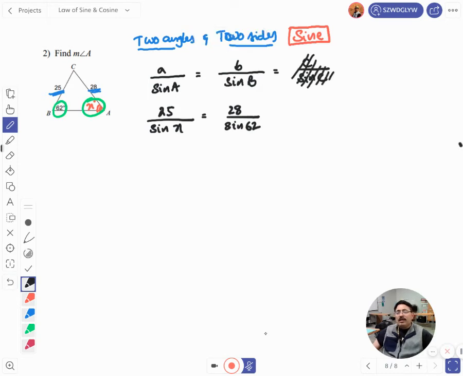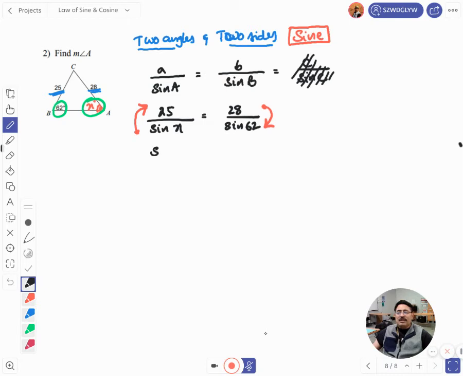Especially if you have to figure out a missing value in the denominator, trust me, it leads to confusion. In such a case, I recommend you switch the numerator to the denominator and the denominator to the numerator. That makes your job easier, or else you can go for cross multiplication.